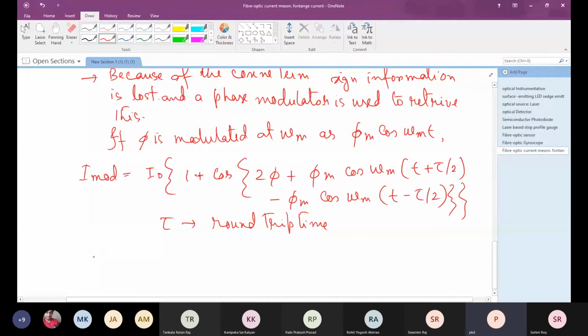Now this can be analyzed because it is a cosine of cosine term. So this can be expanded using Bessel functions.